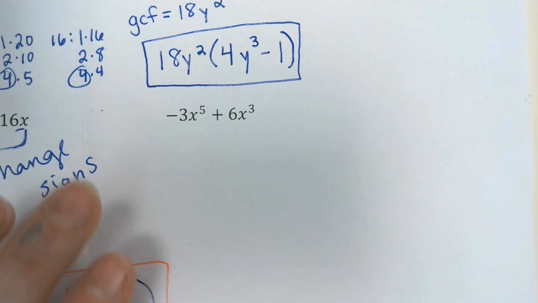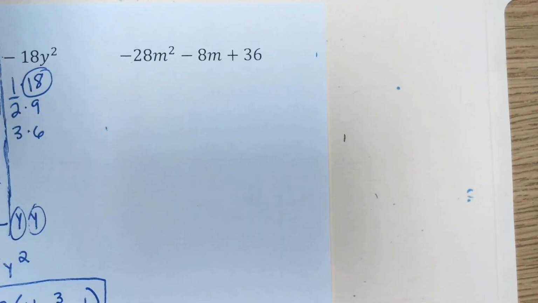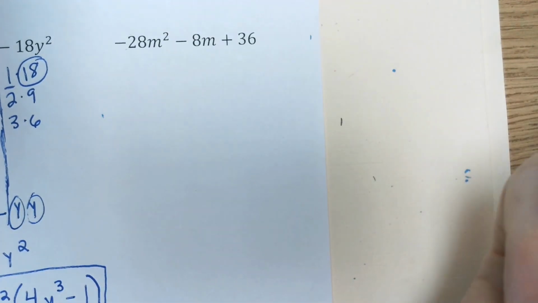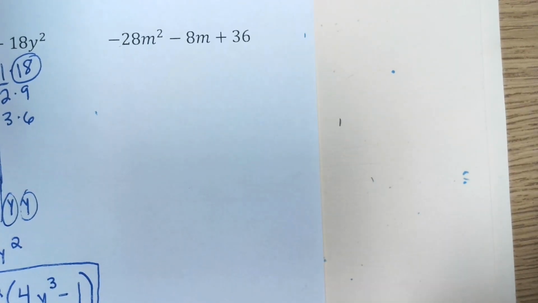Okay, let's go ahead and we are going to look at one more example on our notes. So turn your worksheet over so you're not distracted by it. Let's look at this.